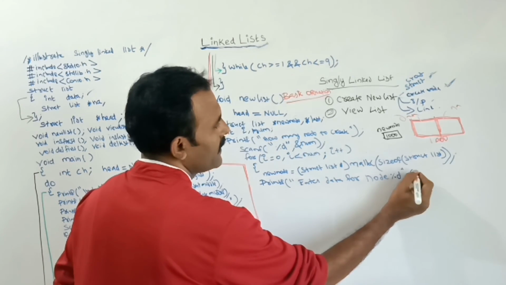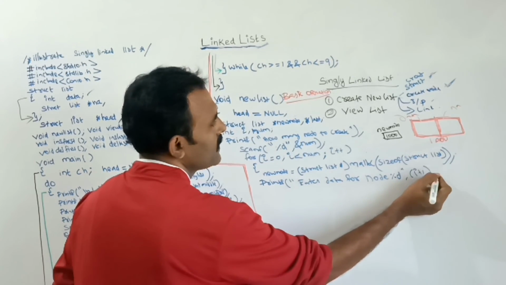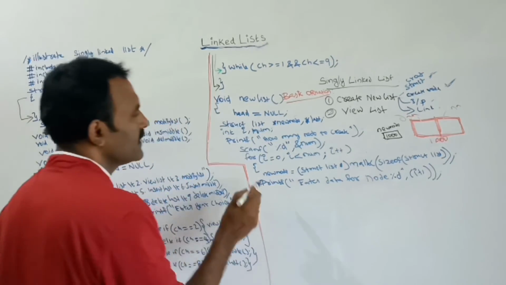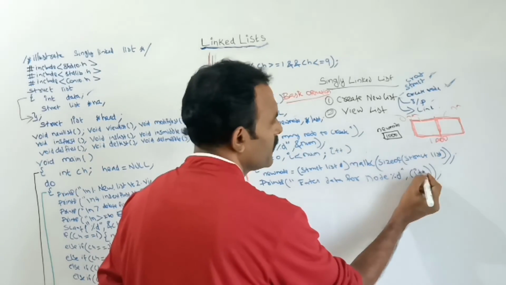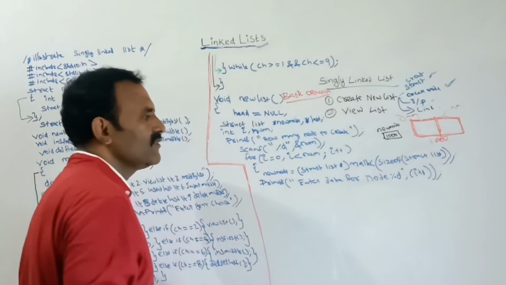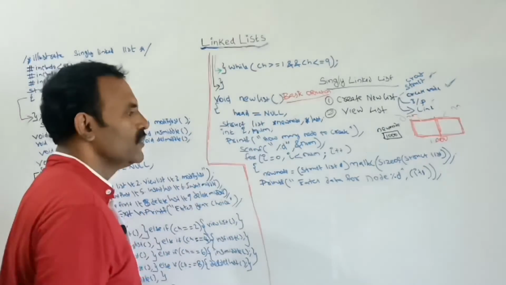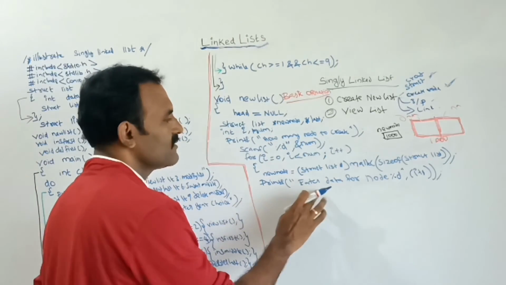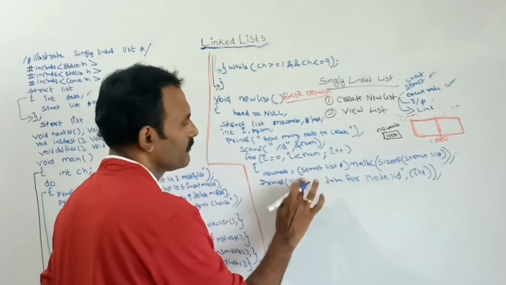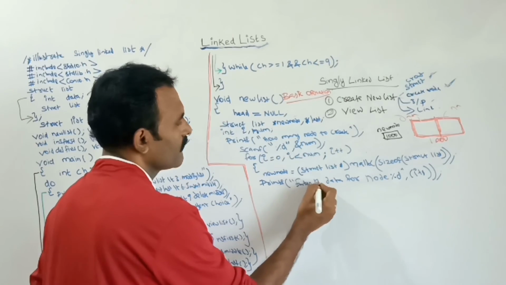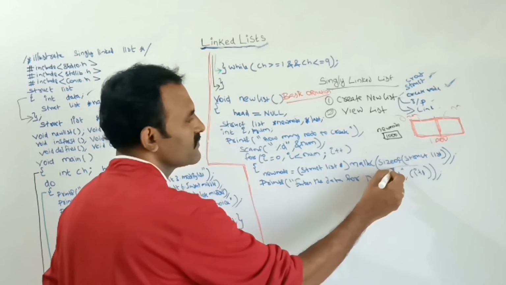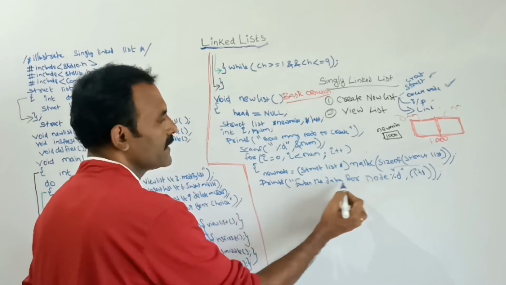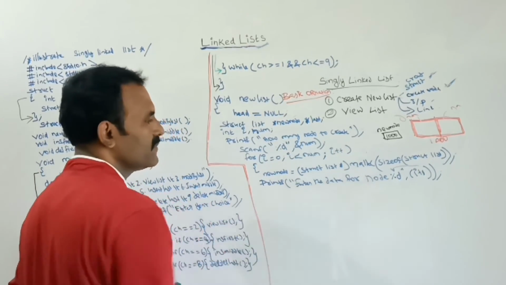Here i plus 1, that is node 1. For each and every iteration the i value will be incremented by 1, because the node numbering should start from the first. The i value is 0. So at the very first, this message will be displayed: enter the data for node, here i plus 1, that is in the very first iteration 1. Enter the data for node 1, that message will be displayed.